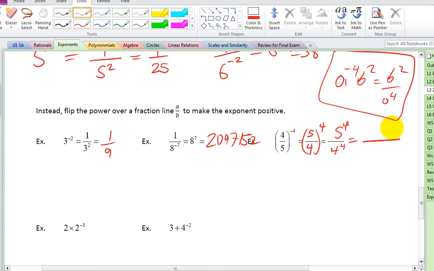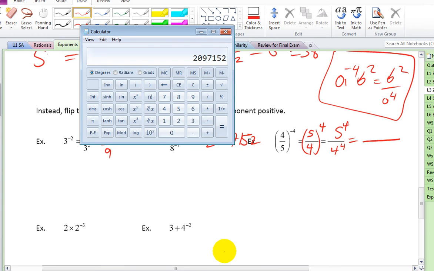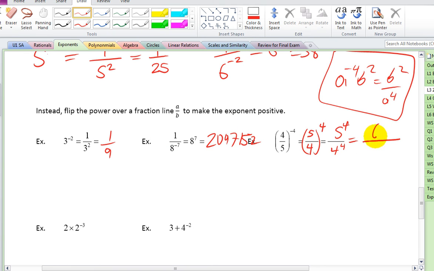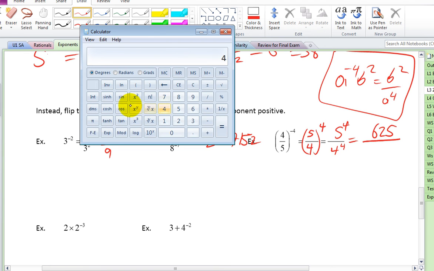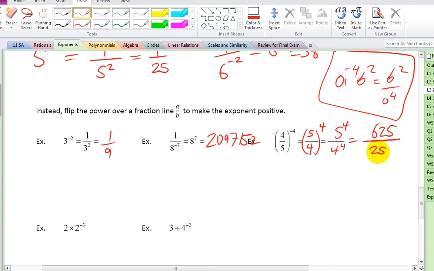Now evaluate the top and the bottom. 625. Hey, settle down. 4 exponent 4 is 256.